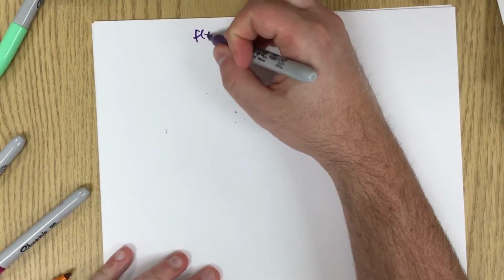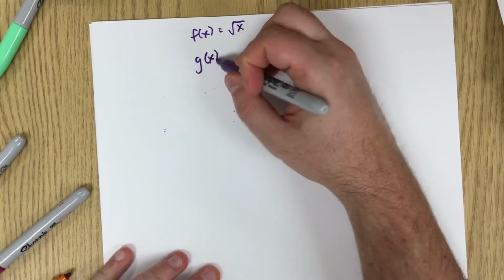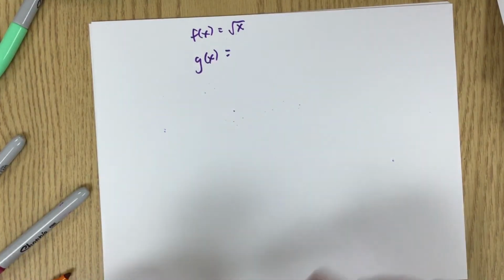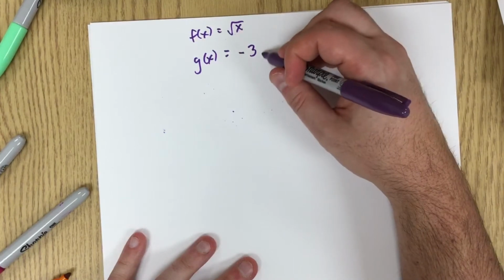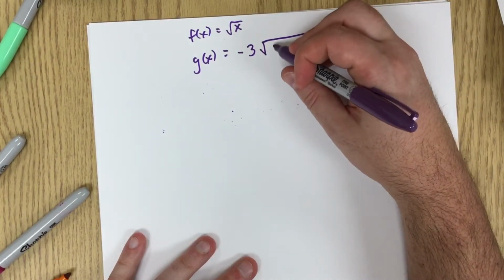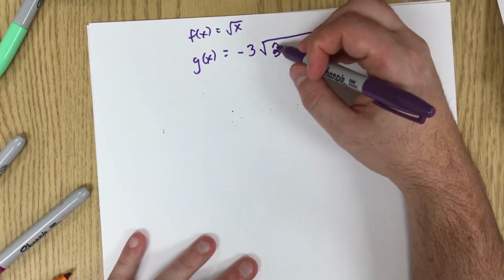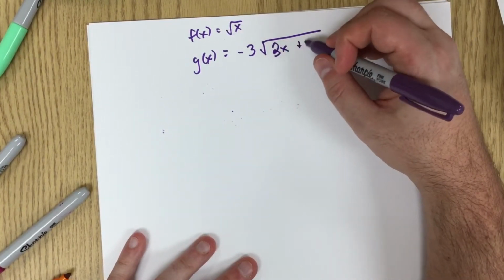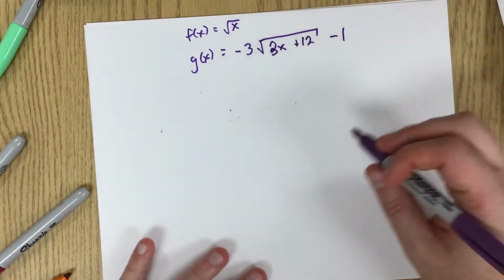Well, we could also have f of x equals root x, g of x equals minus 3 times the square root of 2x, we'll say 3x, plus 12 minus 1.